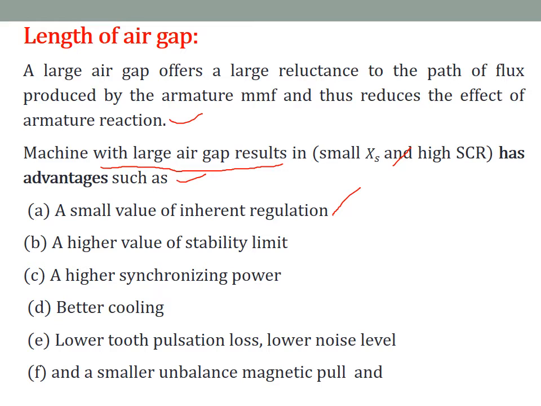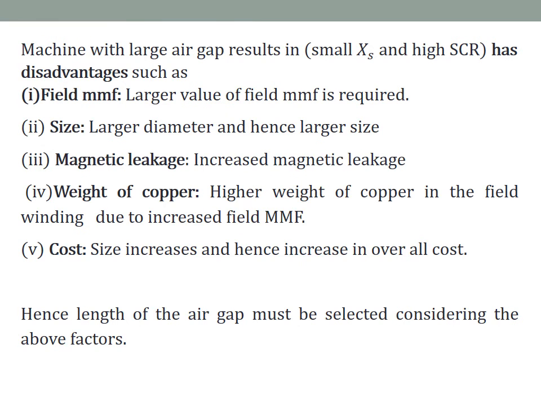The next, a high value of stability limit, because excess is less. High synchronous power, again because excess is low. And better cooling, because air circulates through the air gap. And lower tooth pulsation loss and lower noise level. And smaller unbalanced magnetic pull.